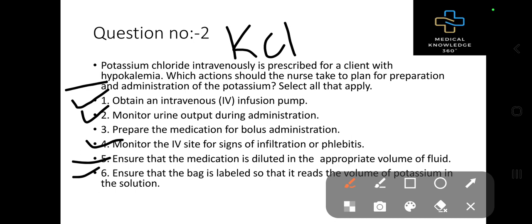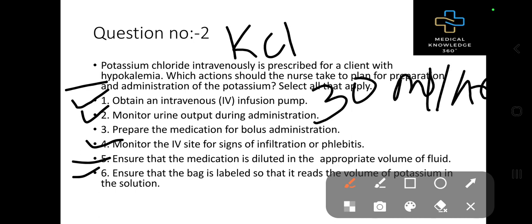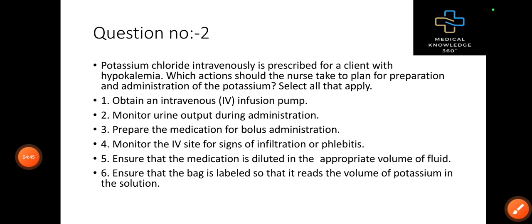In addition, the nurse should monitor for infiltration. The nurse monitors urinary output during administration and contacts the healthcare provider if the urinary output is less than 30 ml per hour. If the urinary output is less than 30 ml per hour, then the nurse must inform the HCP, that is the healthcare provider.